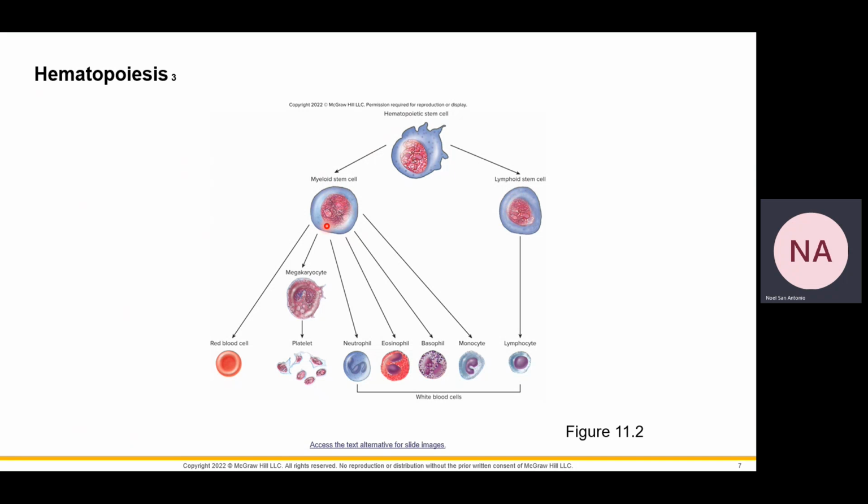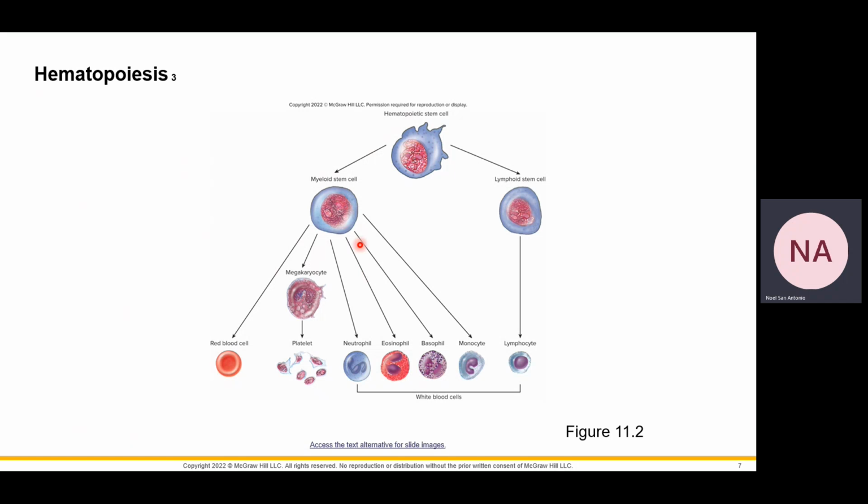Myeloid stem cells differentiate further into, ayan, your red blood cells, your megakaryocytes, and also dun sa first four types of white blood cells or your leukocytes.